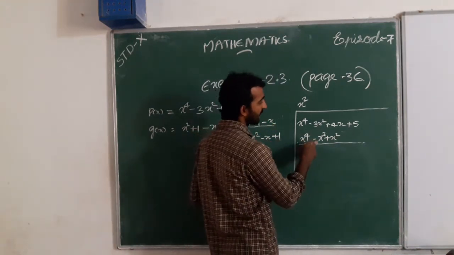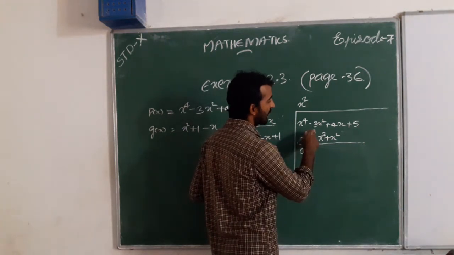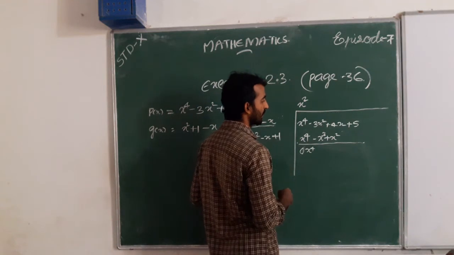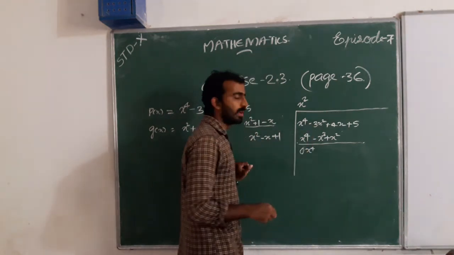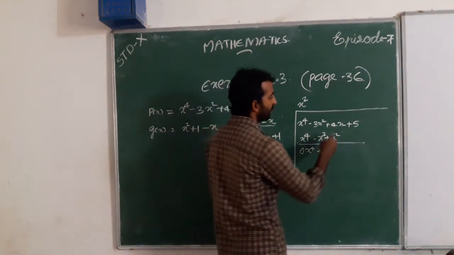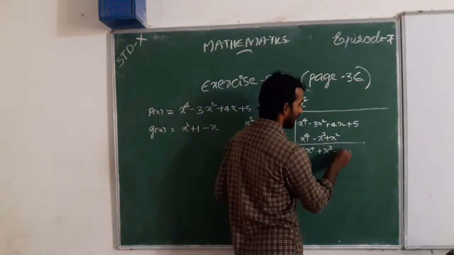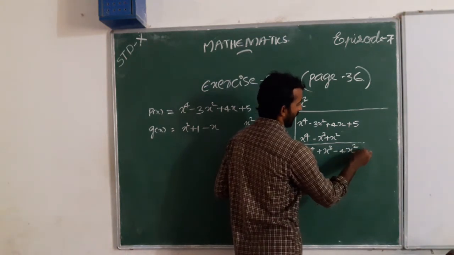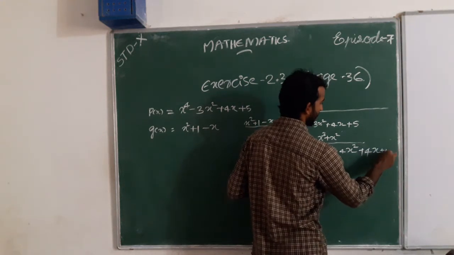The x cube term is not included, that means 0x cube, and 0x cube minus minus x cube we get plus x cube. Minus 3x square minus x square we get minus 4x square, plus 4x plus 5.